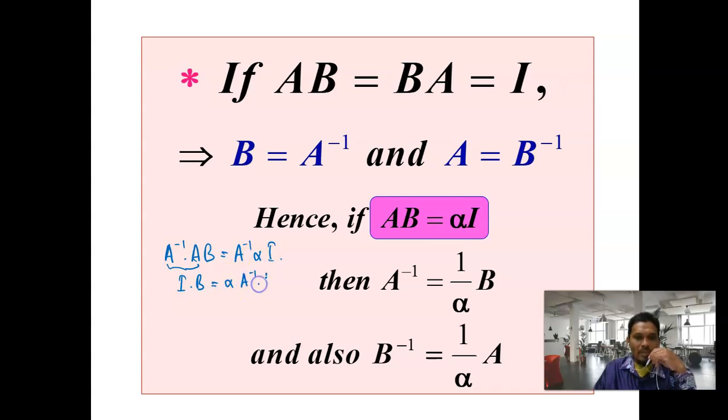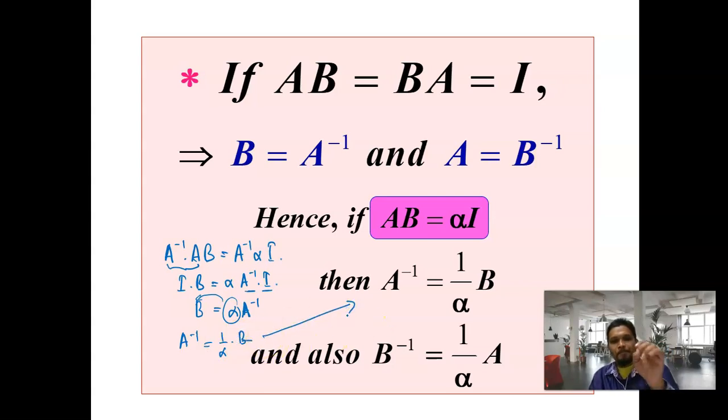So A inverse multiplied with identity, and identity multiplied with the matrix B equals B, since any matrix multiplied with the identity gives you the matrix itself. Then, bringing this to the other side, A inverse equals 1 over alpha multiplied with B. Just like this.